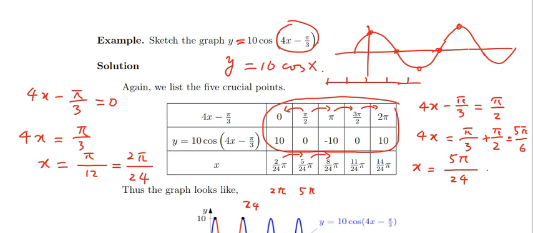So all those points just increase by 3 pi each time: 2 pi, 5 pi, 8 pi, 11 pi, 14 pi. Then divide by 24. So if we find 2 points, then the other 3 points we can determine really quickly.